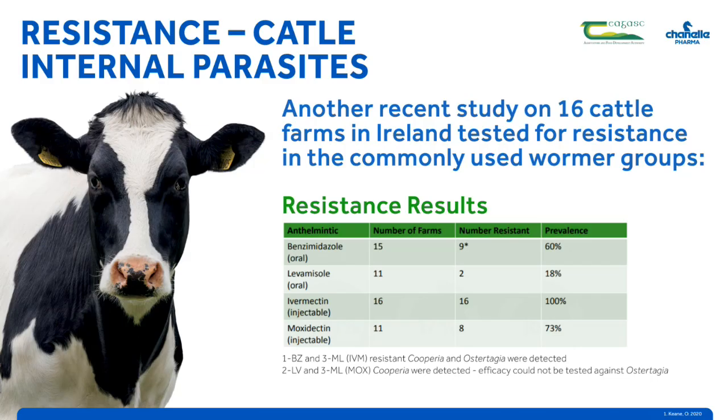For the benzimidazole group, there was a 60% prevalence of resistance across the farms. For levamisole, much lower, 18%. Ivermectin, 100%. So ivermectin is one of the older classes of macrocyclic lactones, but concerningly, the resistance prevalence for moxidectin was 73% across these 16 farms.